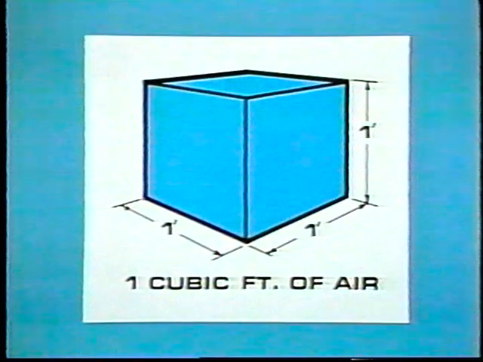Actually, there is, at standard conditions, always 14.7 pounds per square inch pressure on everything which is exposed to the atmosphere. We don't normally think of air as having any weight, but it does. If we consider a cube of air a foot on a side, then that one block wouldn't weigh very much.